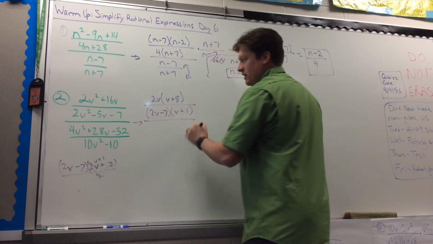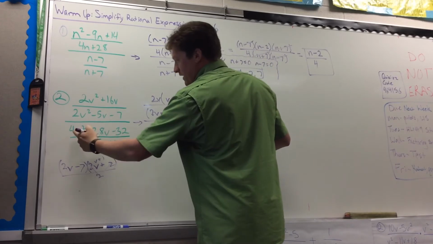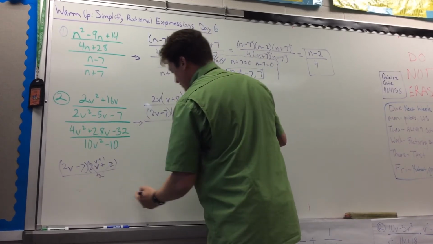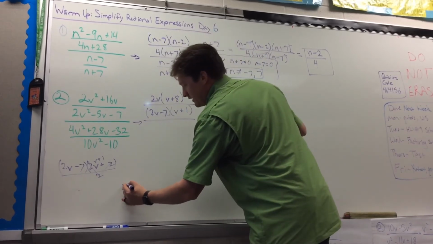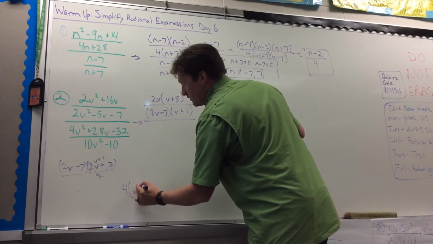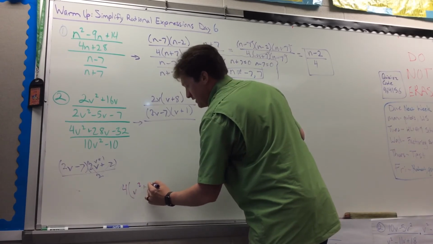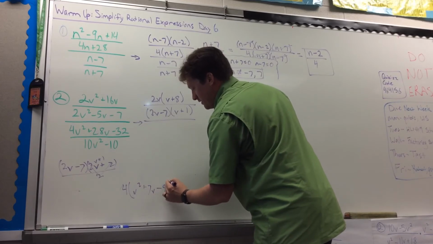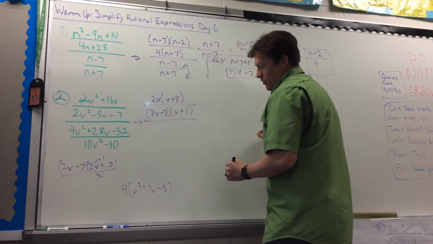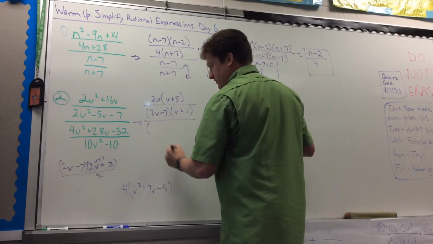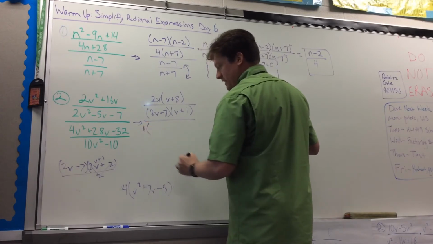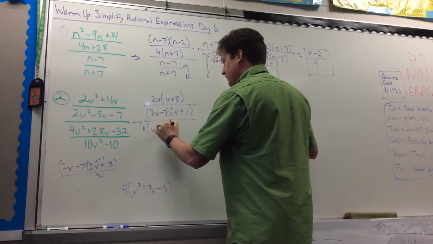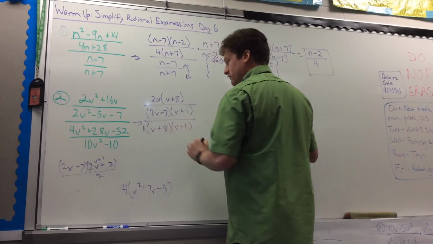Underneath that, I know I can take out a greatest common factor of 4. That leaves me with v squared plus 7v minus 8. So plus minus is going to be 8 and 1. So I've got 4 times v plus 8 and v minus 1.